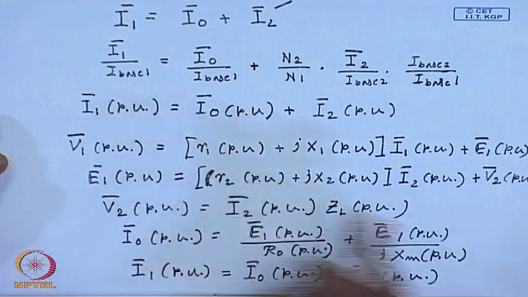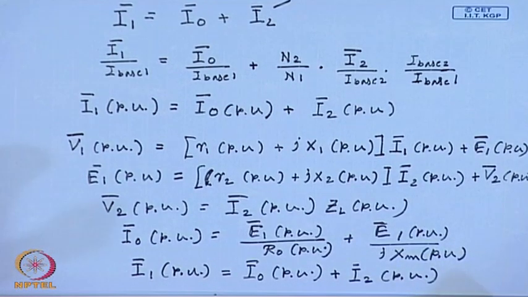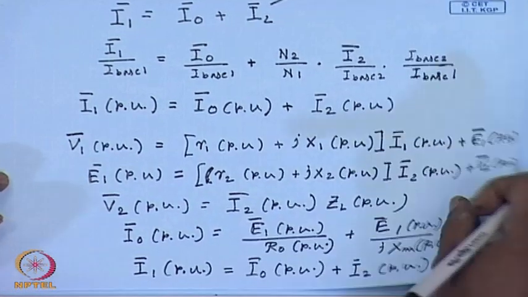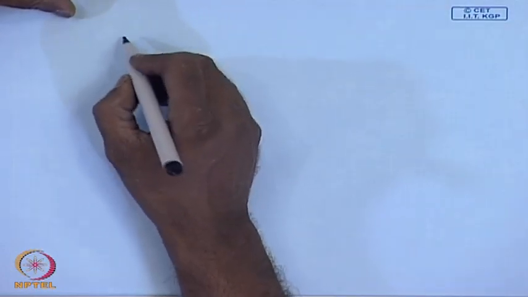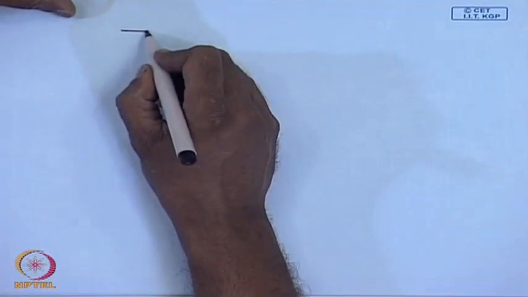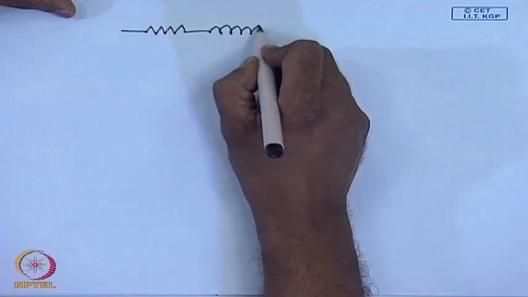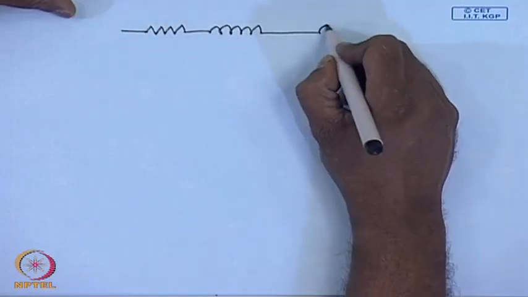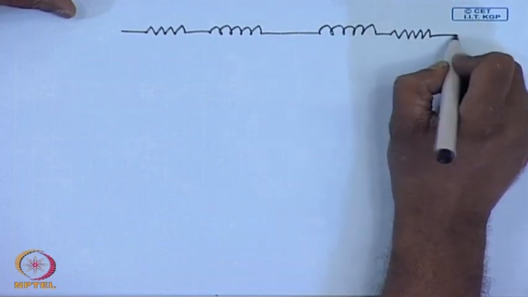The R 1 and R 2 expressed in per units with respect to their base are the same on both sides. Therefore, the per unit equivalent circuit, exact equivalent circuit, will be similar to our familiar exact equivalent circuit, except that now all parameters are to be expressed in per units.